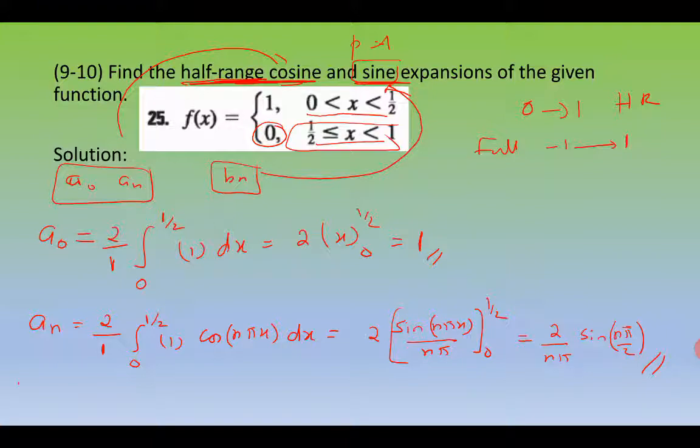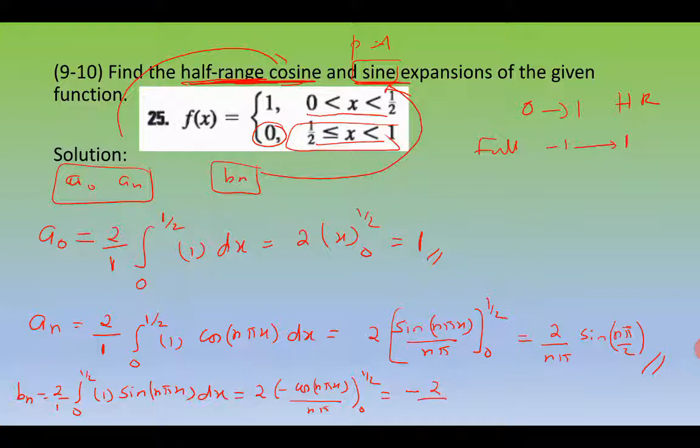In a similar way, find Bn. 2 over 1, 0 to half, the function is 1, sine n pi x dx. Therefore it's 2 times minus cosine n pi x over n pi from 0 to half.